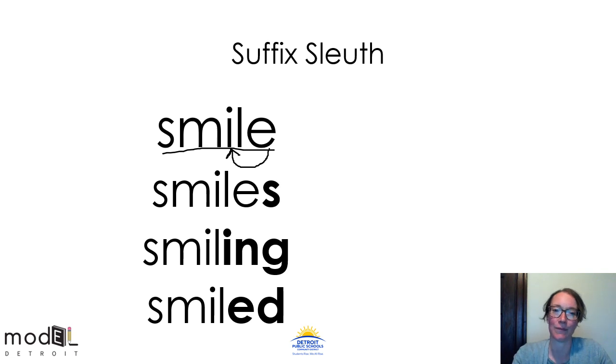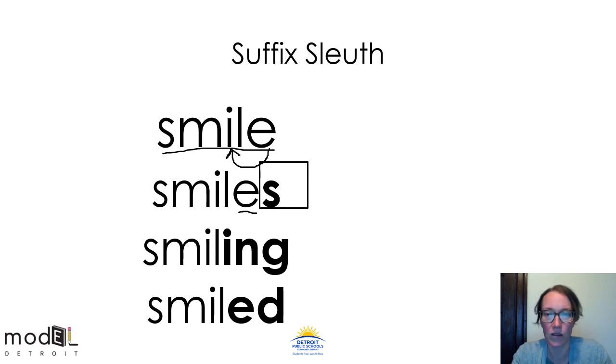Now, in the rest of them, we have smiles, smiling, and smiled. Find the suffixes on each of those. Do you see how that one right there has smile plus an S? I can still see the magic E here, right there, because the S is a consonant.